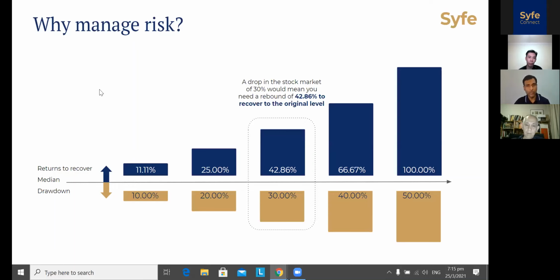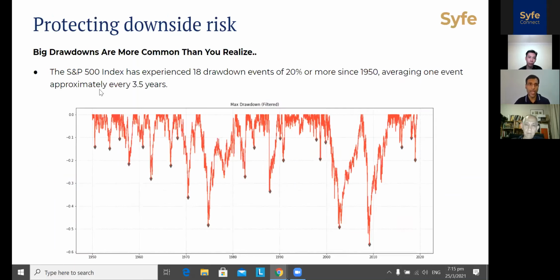And why is it very important to manage this risk? Because these kinds of drawdowns are fairly regular. We think these drawdowns only happen once in 10 years, once in 20 years, like 2020, when the equity market dropped by 35%. But this chart tells you that the S&P 500 has experienced 18 drawdowns of 20% or more since 1950.